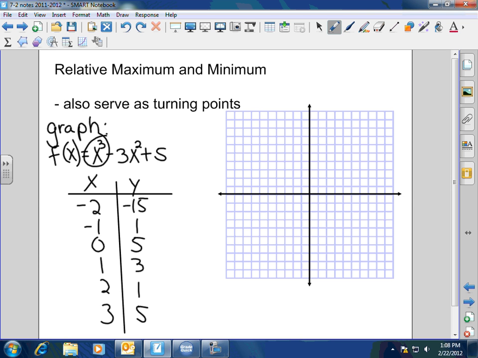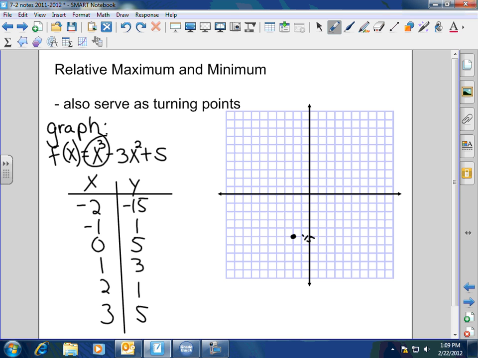So negative 2, negative 15. Let's go on the y-axis by threes, okay, folks? Negative 3, 6, 9, 12, 15. So that's negative 15. We're going by threes.